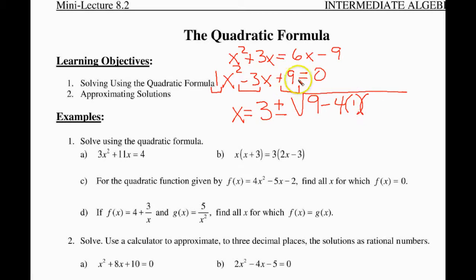Now c is a positive 9. And this is all over 2 times a, which is 1.